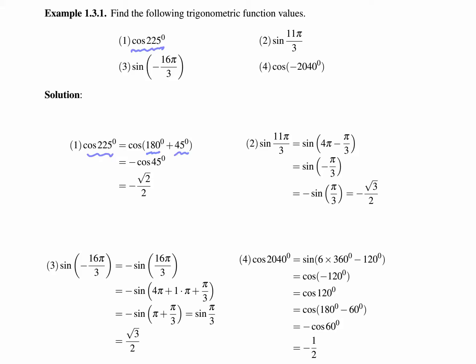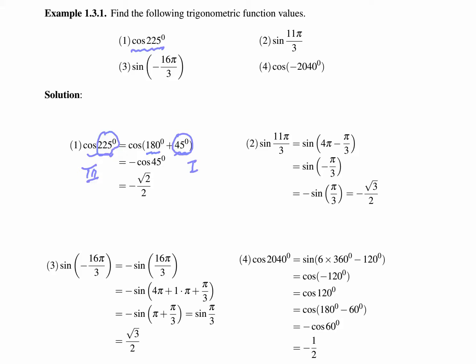We know this angle 45 is in the first quadrant, and the 225 is in the third quadrant. So this basically describes the relationship between quadrant 1 and quadrant 3.